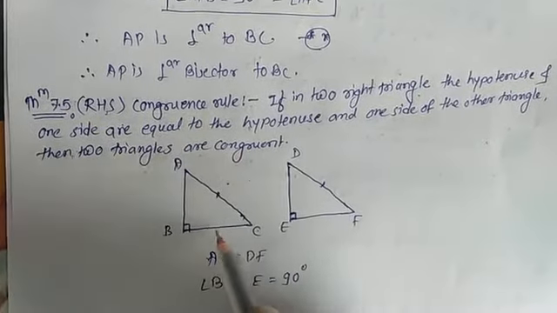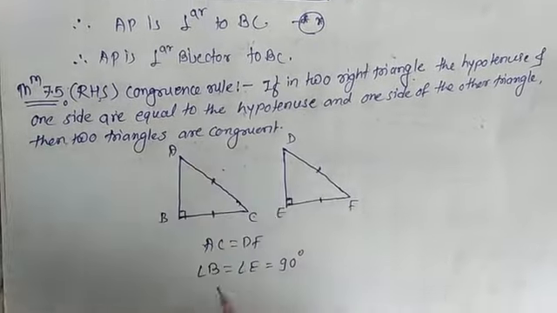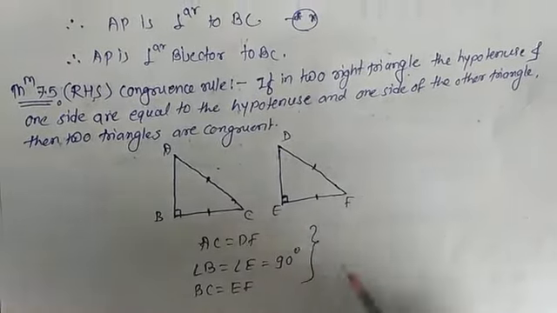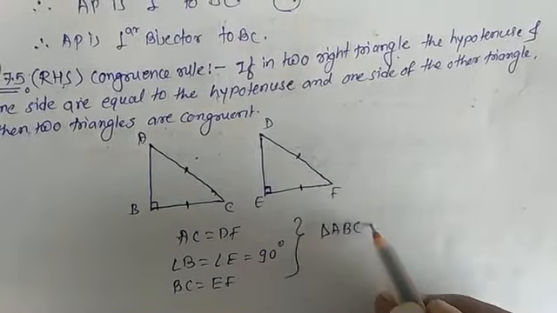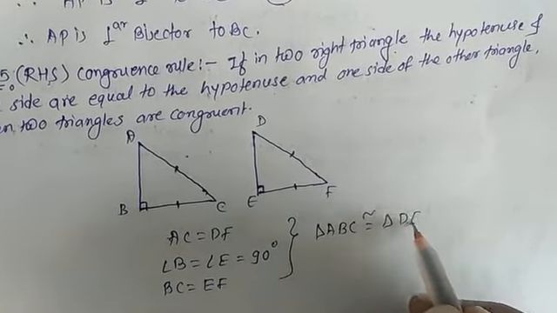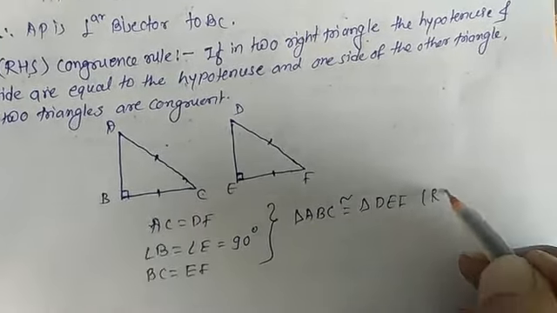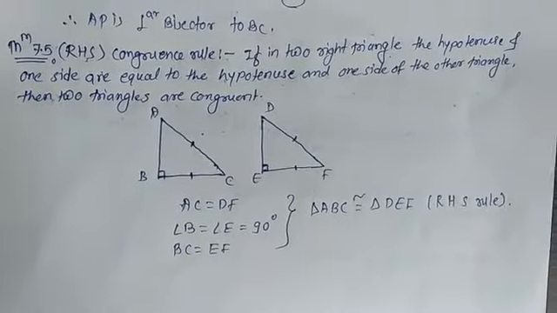That means BC should be equal to EF. Therefore, triangle ABC is congruent to triangle DEF by the right angle hypotenuse side rule. This is our statement.